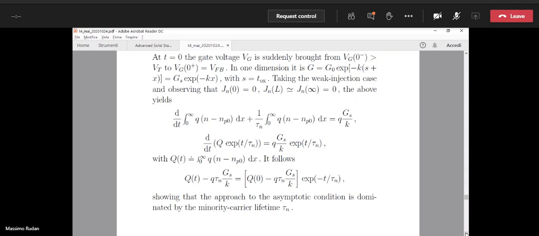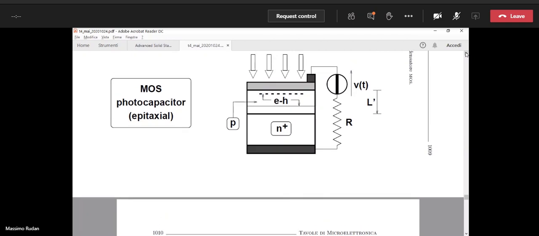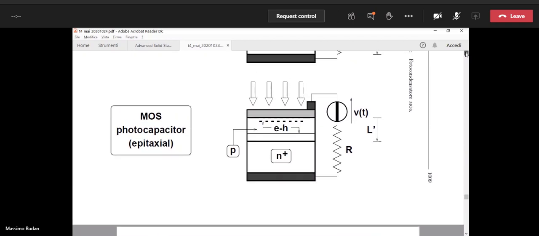So this photocapacitor by itself appears to be a slow sensor, okay? Can we improve it? Well, it is really easy to improve it because we can consider another architecture that is the one shown here.